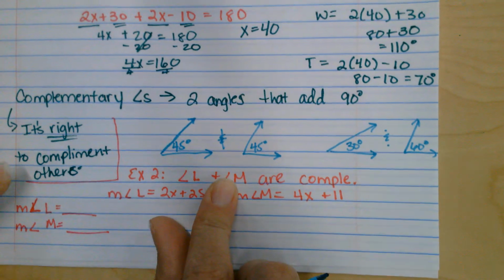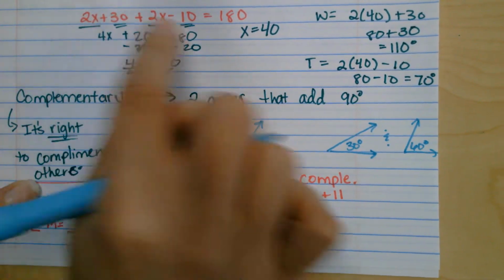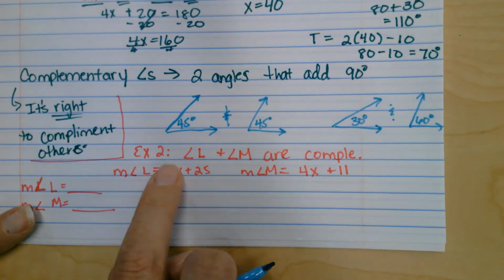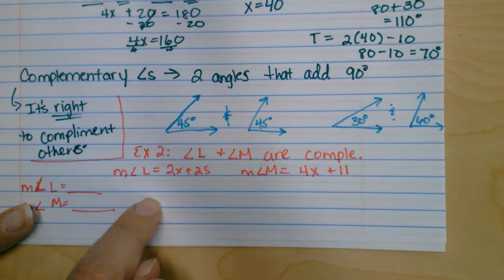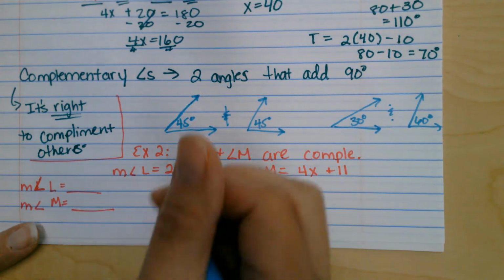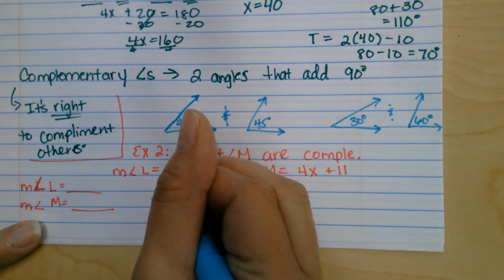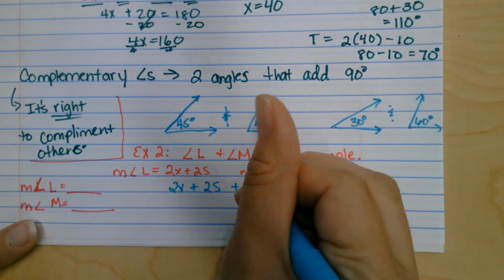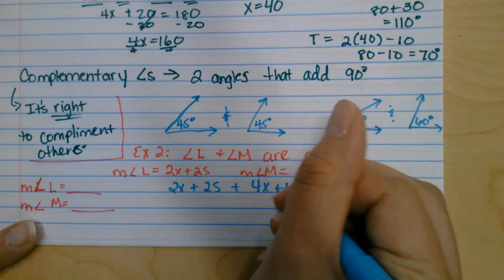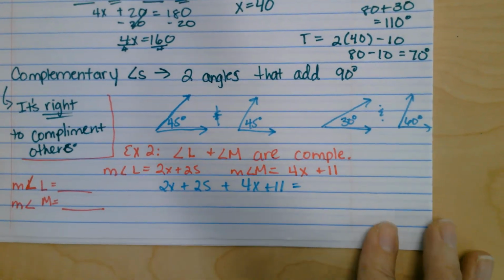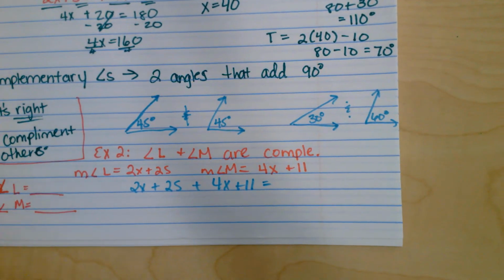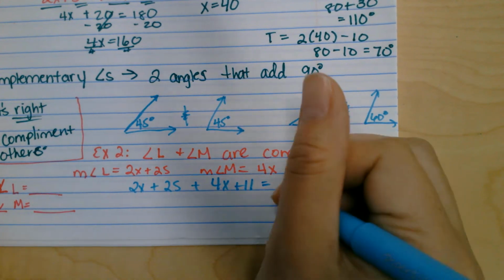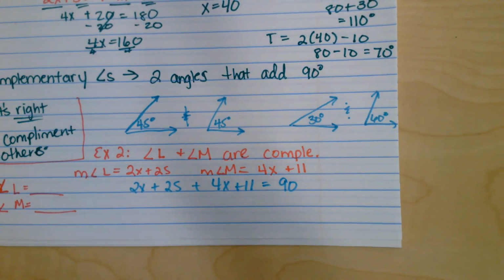So the time before we just wrote it out, I'll write it out again, but know that you can combine like terms if you like. Instead of equal to 180, these are complementary, so what should they add to equal? Beautiful. So let's add them to equal 90.